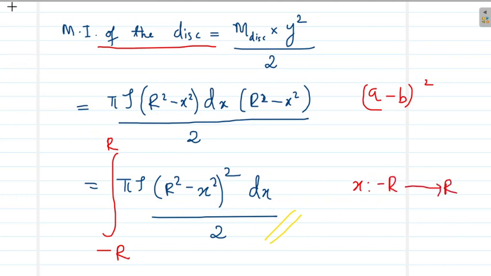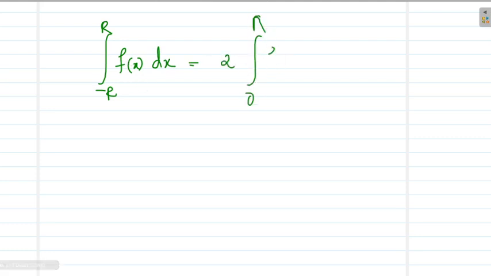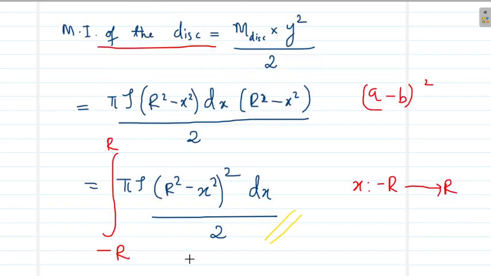Or equivalently, in a simple manner, from the basics of integration you already know, the integral from minus r to plus r of f of x dx, if the function is symmetric, you may write it as 2 times the integral from 0 to r of f of x dx. If the function is an even function, you may write like this. So here we have an even function inside.